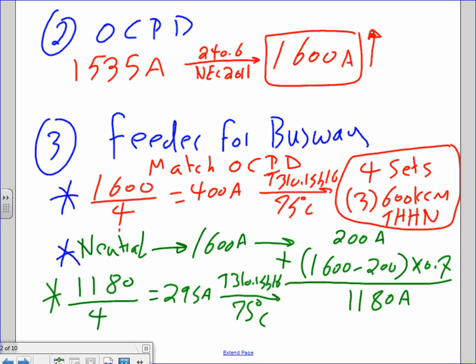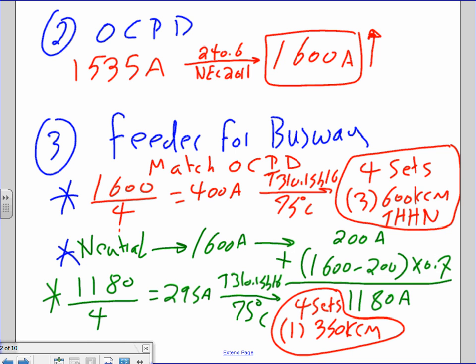you should get the following: 4 sets of 1 conductor, each one of them 350 kcmil. Again, this is one way of sizing the neutral.